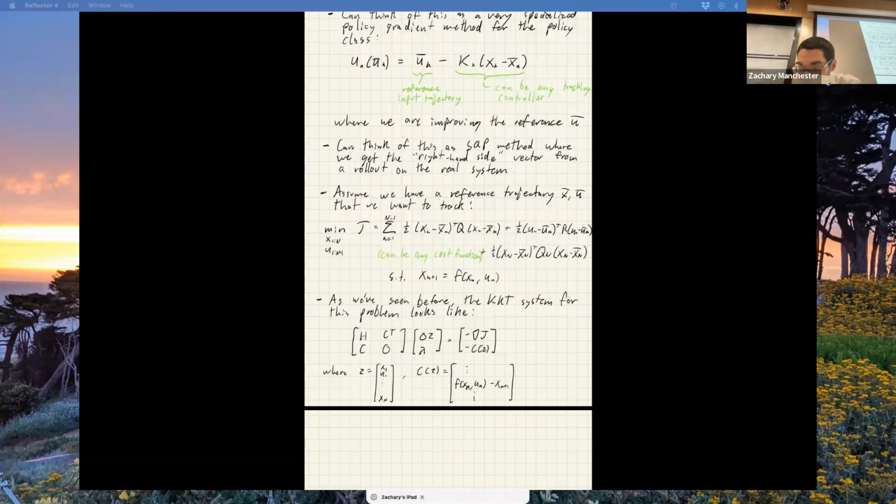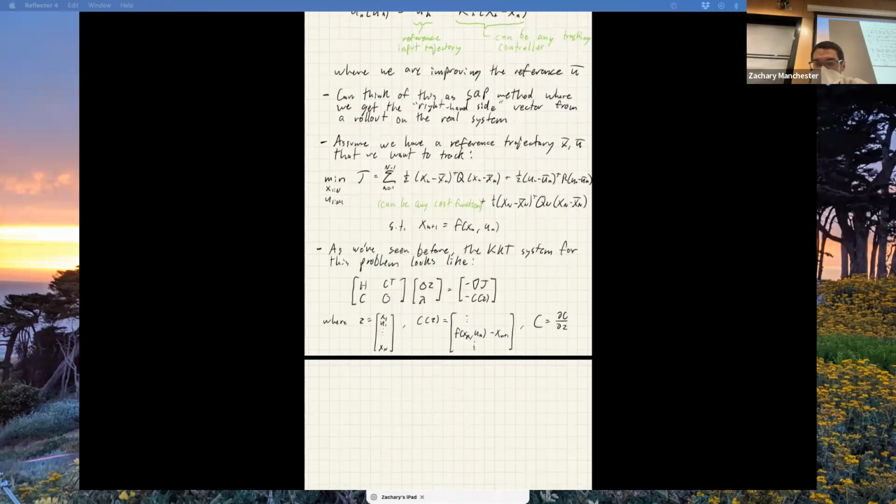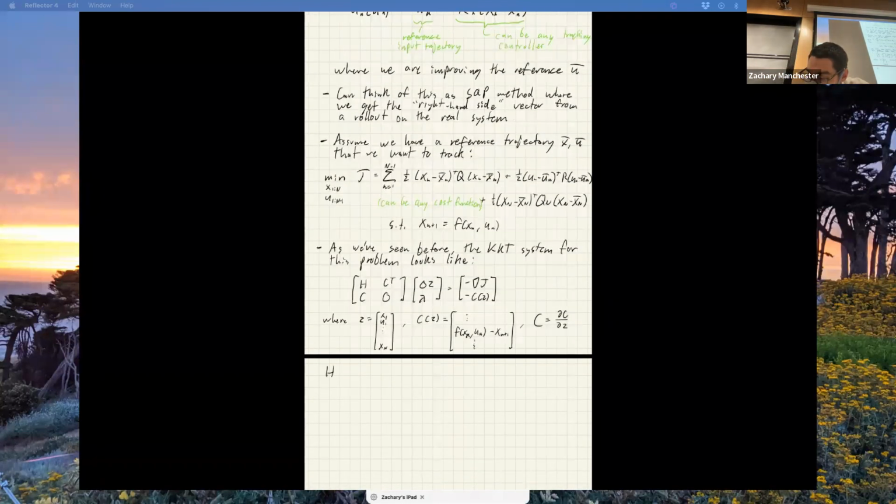The C matrix here is the Jacobian of those dynamics constraints, partial C, partial Z. And then the H matrix is our standard Gauss-Newton Hessian. So it's going to be the Q's and R's stacked up in a block diagonal kind of thing, zeros everywhere else. Okay.